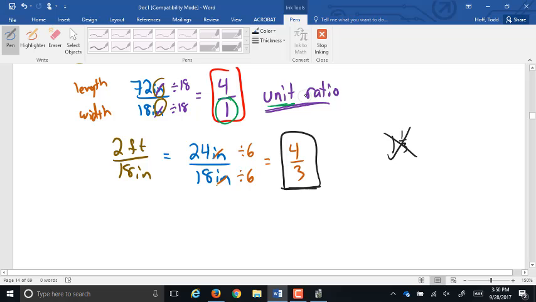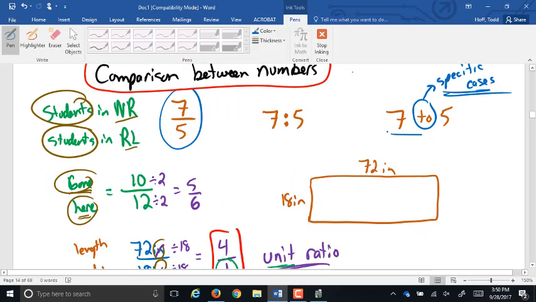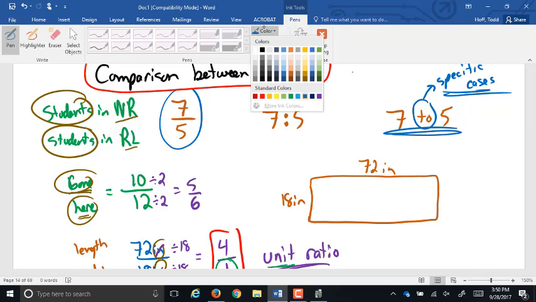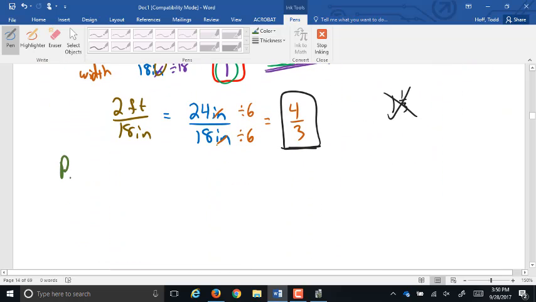Now, I had said something up here about the wording, the 7 to 5. There are two types of ratios. There are ratios that compare separate groups.